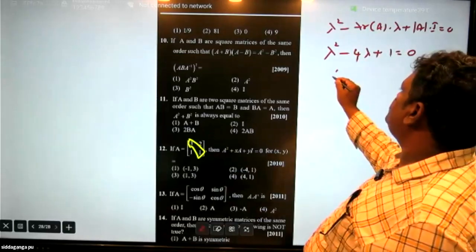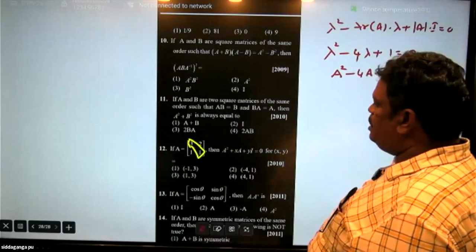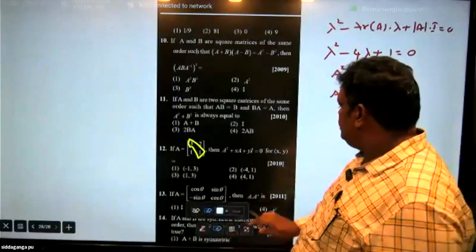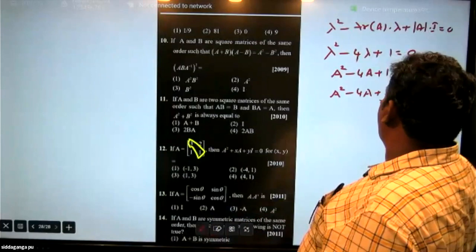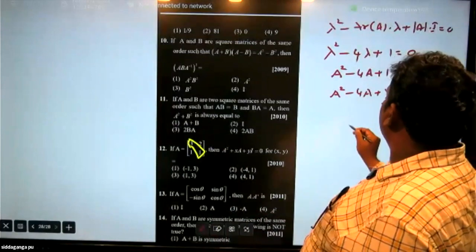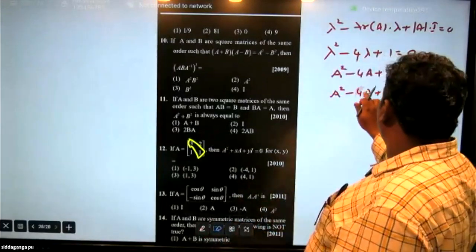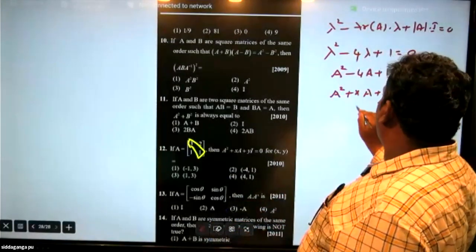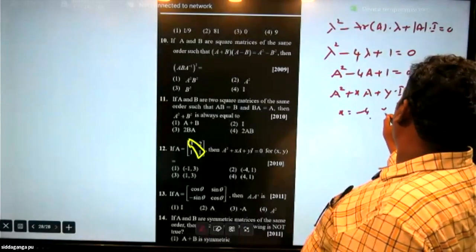This is the equation we can solve using the given matrix. Again we write it as A square minus 4A plus 1 into I. Comparing with the given equation, A square plus X A plus Y into I, the coefficient of A is minus 4, so X is equal to minus 4, and Y is equal to 1.